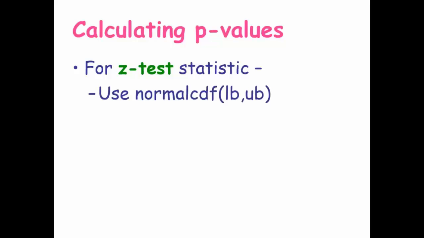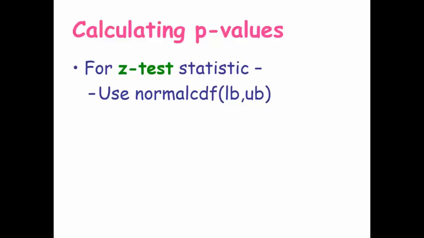Alright, so how do we get to calculating these p-values? Well, for a z-test statistic, so for a z-score, or in this case our proportional data, we're going to use a normal CDF. In the normal CDF, it's going to calculate a lower bound and an upper bound, and that's going to be given by the parameters of the problem.